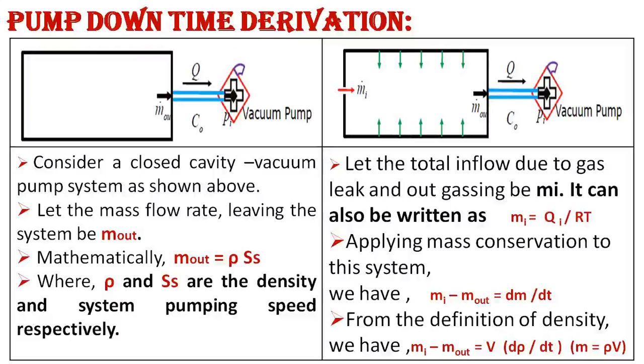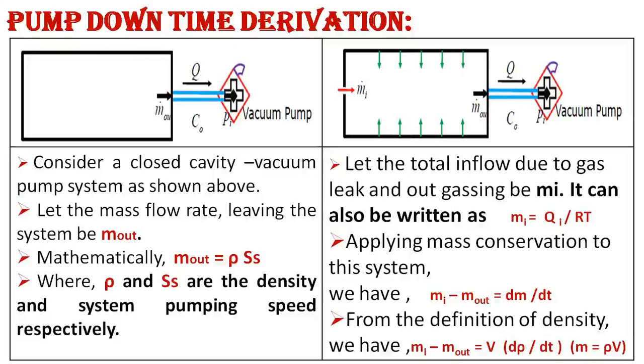Let the mass flow rate leaving the system be M out. Mathematically, M out is equal to rho into S. Here rho and S are the density of the gas molecules, and the pumping speed of the system.